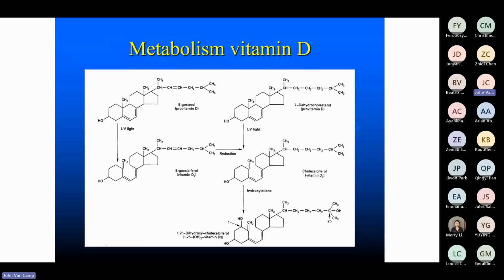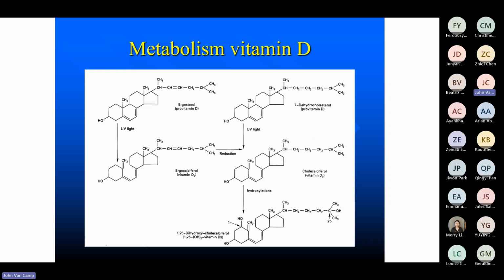And then you can have the conversion of D2 into D3. This happens by a reduction, and this is mainly the side chain that contains a double bond, which will be saturated in this case. So in this case, you get vitamin D3, cholecalciferol, and this one is now going to the liver, where you get a hydroxylation at position 25.